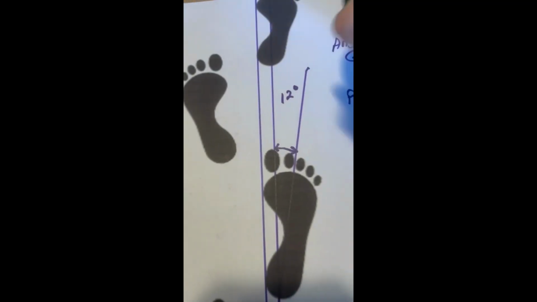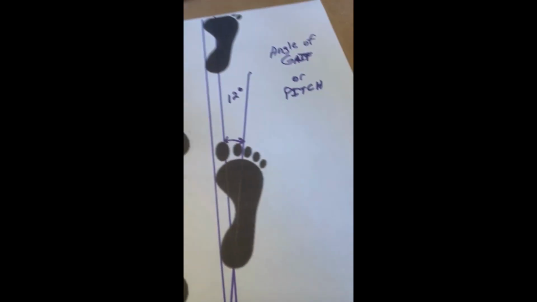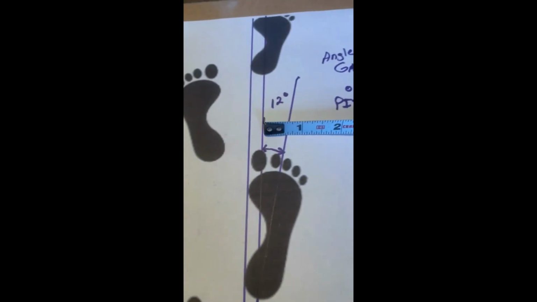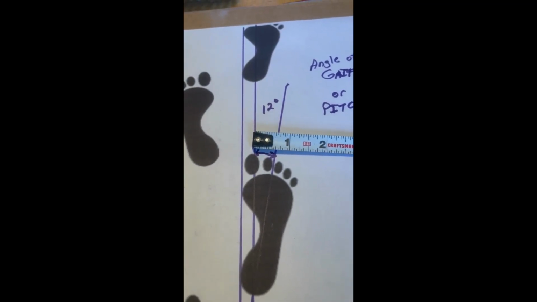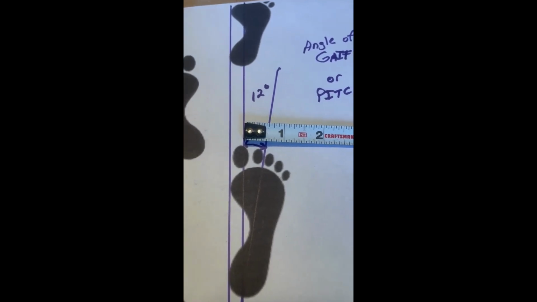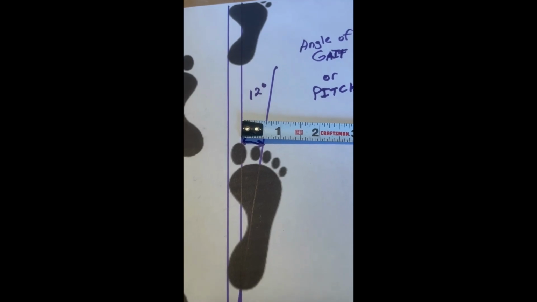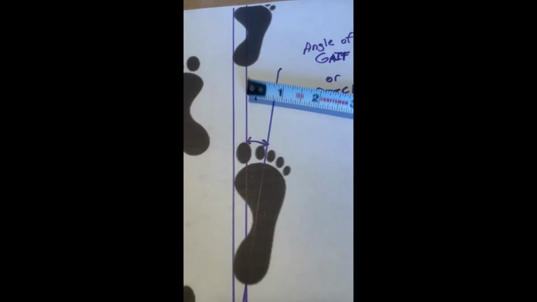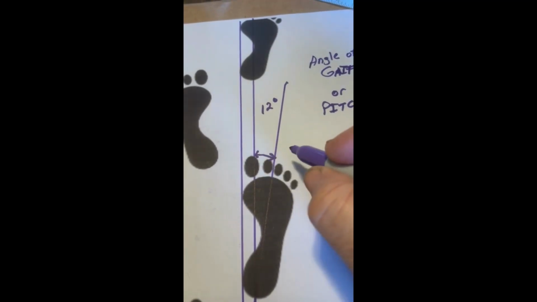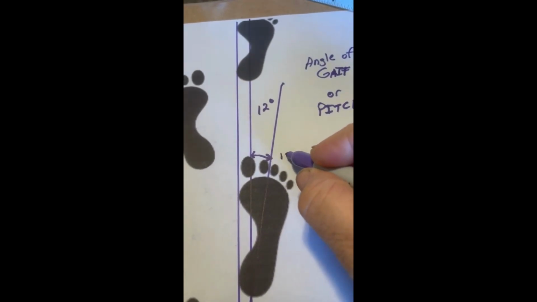Or you can use a tape measure and measure it right there at the toes and get your inches, however many inches it would end up being, to get your pitch of the foot or the angle of the gait. So this right here would be however many inches.